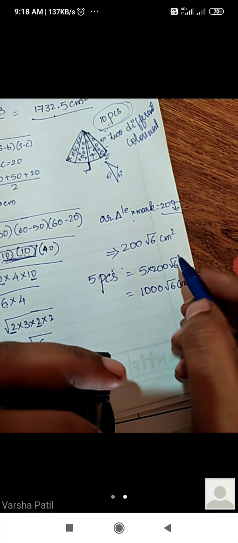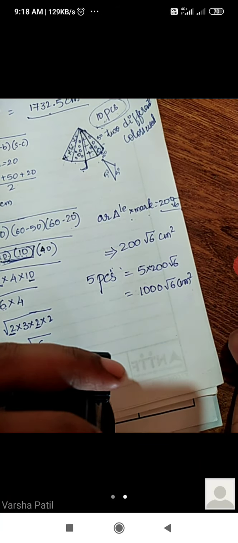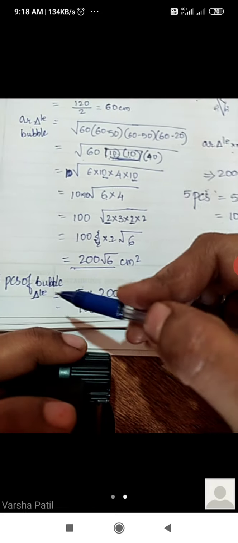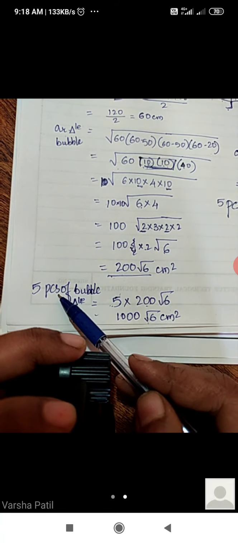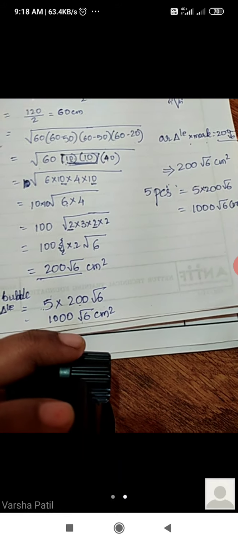But in the exam, if they mention the root 6 value, directly multiply and you can tell. So the total cloth required for the bubbles and for the X mark is this much. Understood the question?